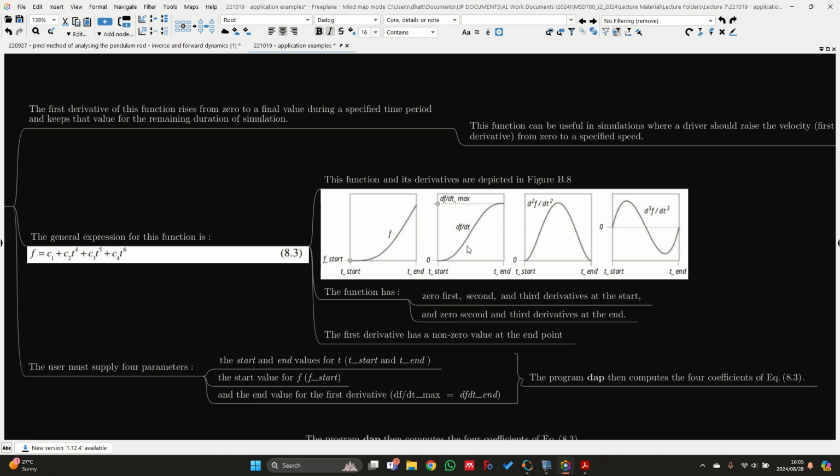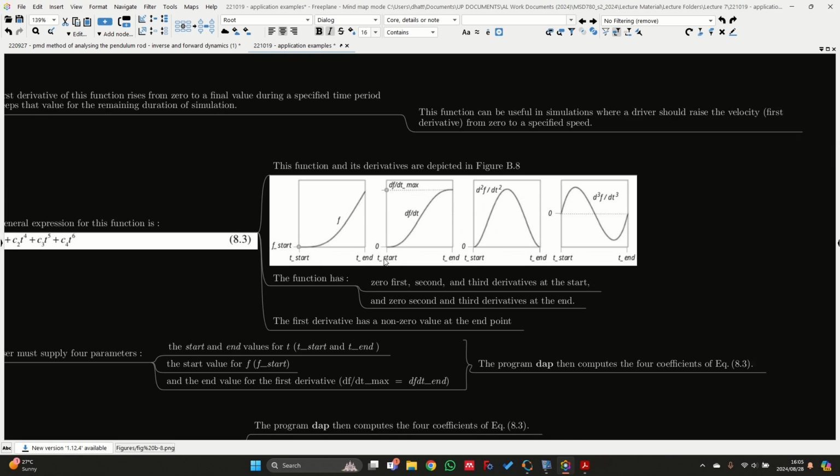Then for the first derivative, we once again consider t start, and here we want the first derivative to be 0. Then we have the df dt curve, which goes up to df dt max at t end.